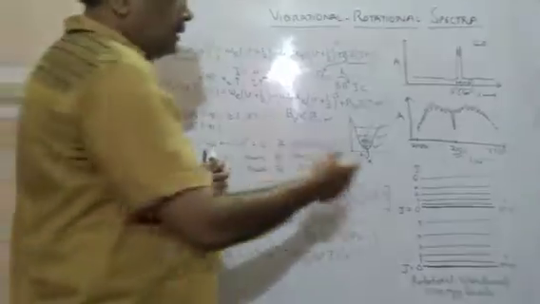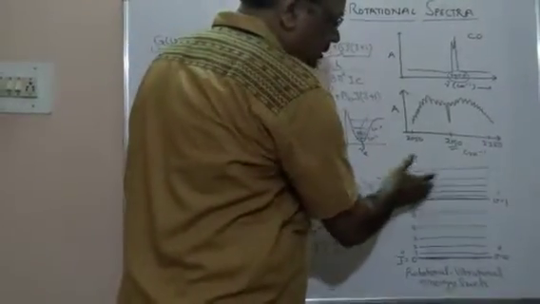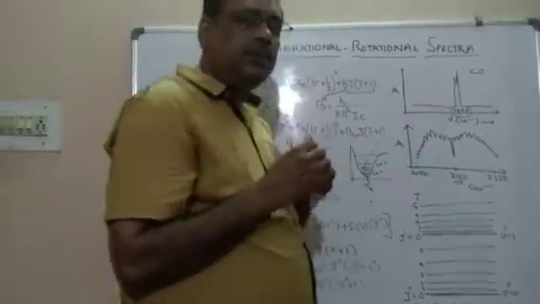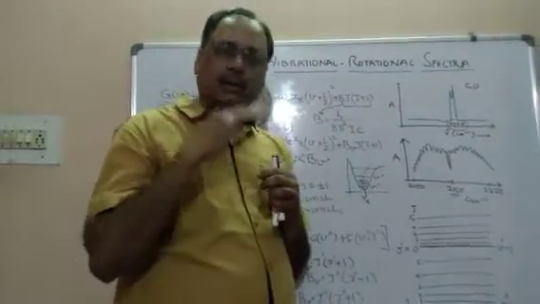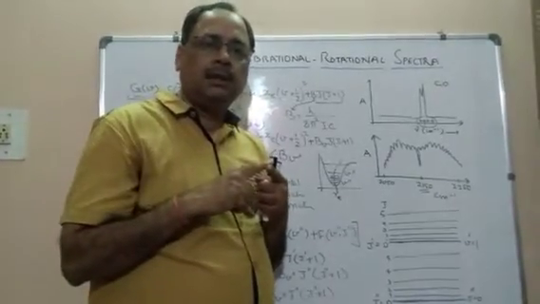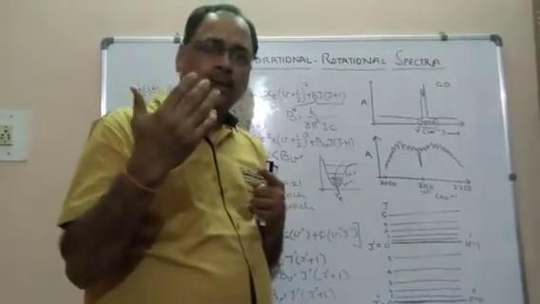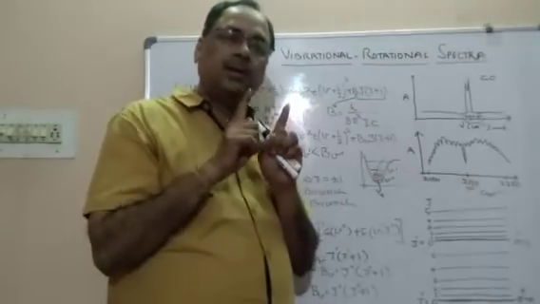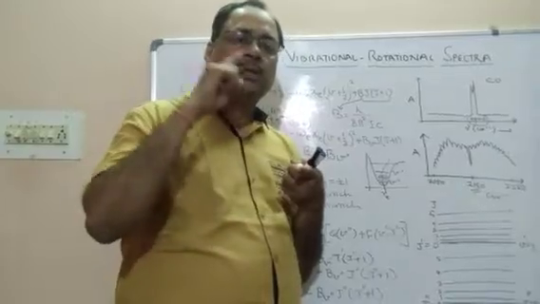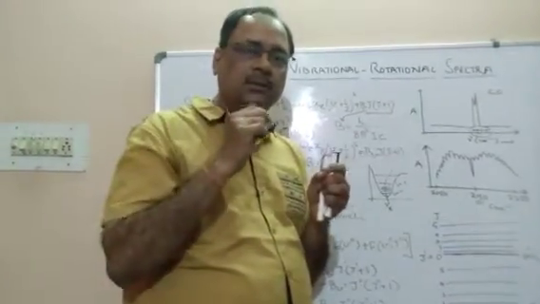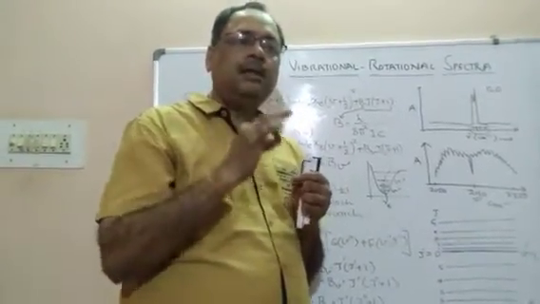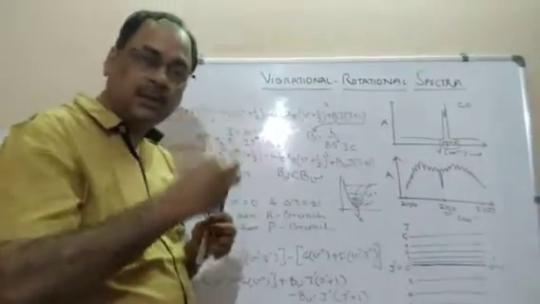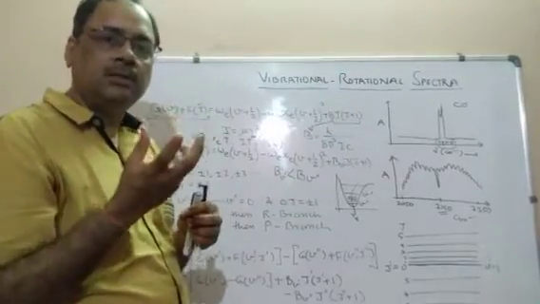Since every vibrational level is composed of several rotational levels, suppose we take a single electronic level: it consists of several vibrational levels, and each vibrational level is composed of several rotational levels. So when there is a transition from one vibrational level to another, it is governed by transitions between the different rotational levels of those vibrational levels.